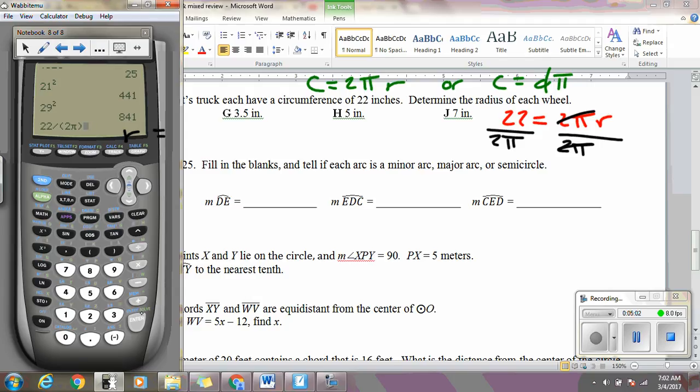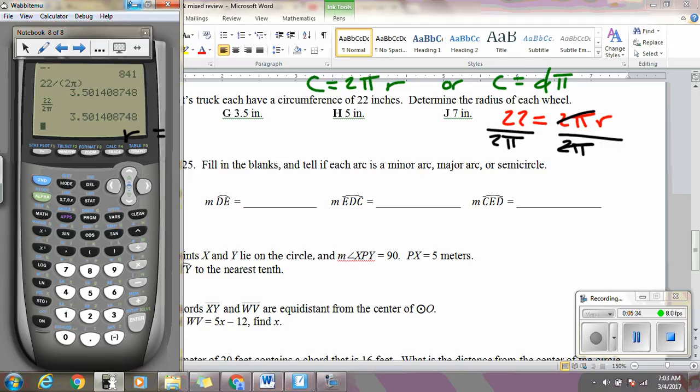If you don't put it in parentheses, you're not going to get the right answer. So it's about 3.5. If you want to be on the safe side, if you forget to put it in parentheses, you can do alpha y equals 1 to get your fraction. And then if you use the fraction, you don't have to worry about parentheses, because I know if you forget that, you're going to not get the right answer. So you might as well just use the fraction to begin with.